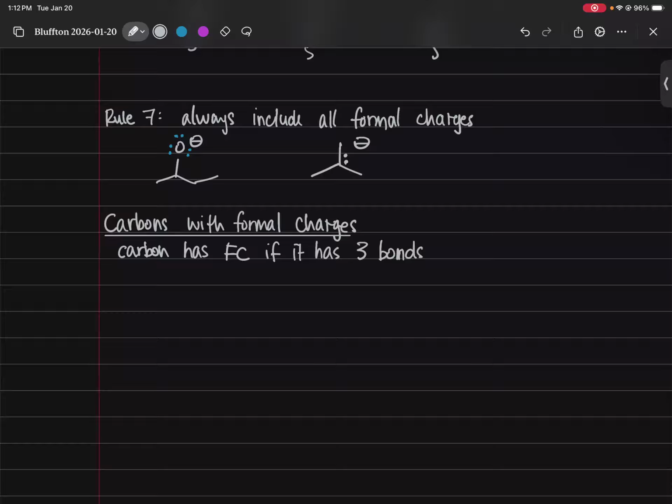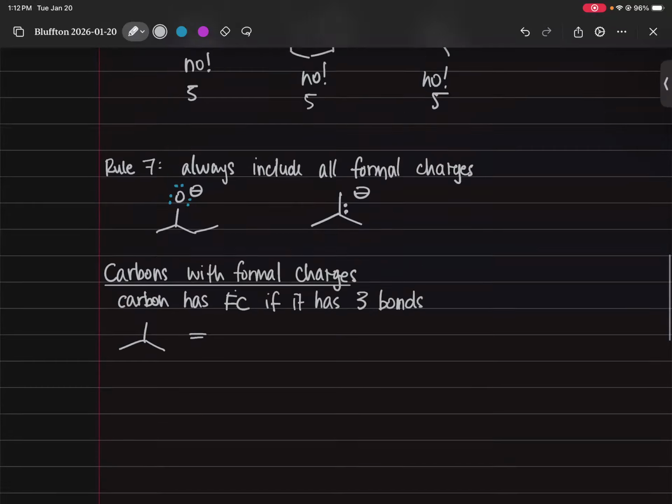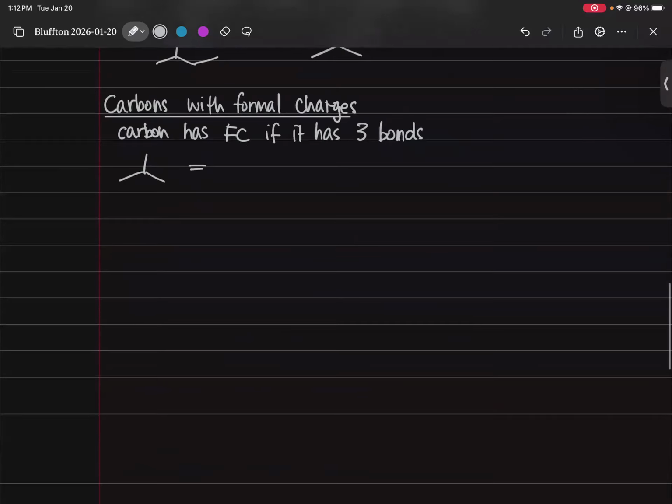So if we have just this skeletal structure, the carbon in the middle is drawn with only 3 bonds, but it's only 3 bonds to other carbon atoms. Sorry, so that is actually that.